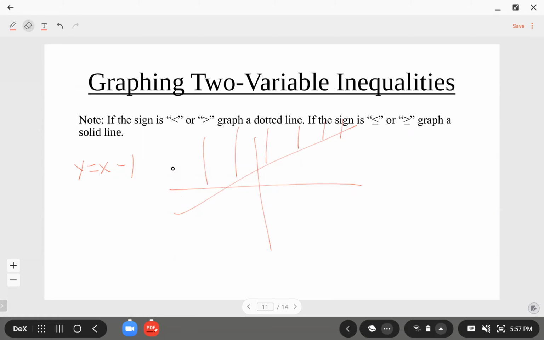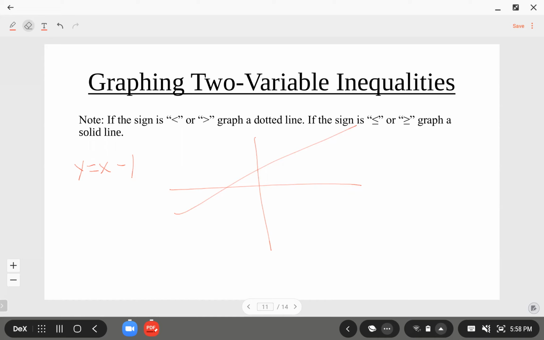For less than or equal to signs and less than signs, everything on the bottom of the line should be a possibility. For greater than and greater than or equal to signs, everything on the top is a possibility. This is because this is an inequality. There are many possibilities.